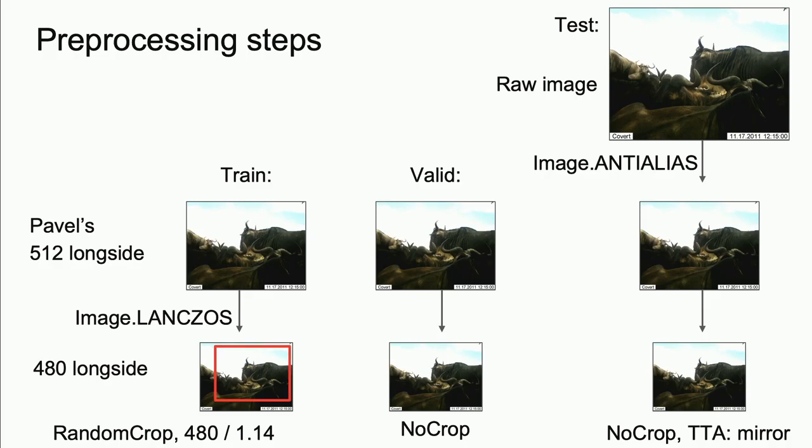For the validation part, I make a similar step, but without random crop. So basically, I train on smaller images than for validation, but the scale was the same, because I believe the scale is very important to avoid discrepancy between train, validation, and test parts.